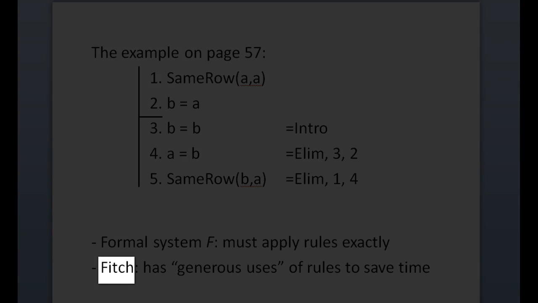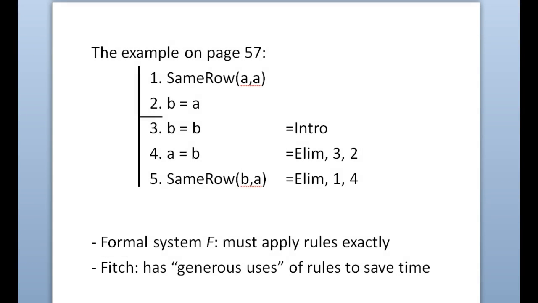But in the software Fitch, where we're going to be doing a lot of our proofs, Fitch has what it calls generous uses of most of the rules of inference that you're going to learn, and that kind of means shortcuts. And Fitch actually allows you to go directly from lines 1 and 2 to line 5 because it doesn't worry about the order of line 2. It treats B equals A as if it also said A equals B.